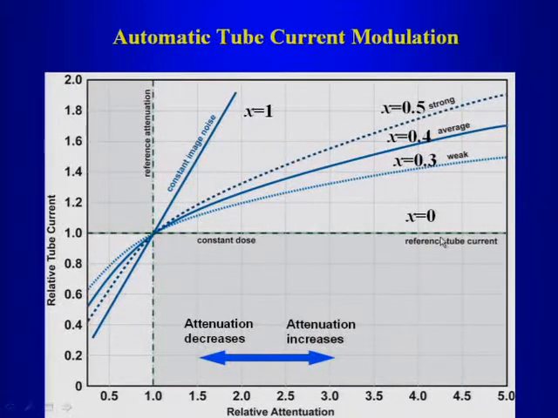When the modulation strength is 0, the tube current stays constant, and that's without any tube current modulation. When the modulation strength equals 1, that's a strategy to keep exactly the same image noise for different attenuation levels.